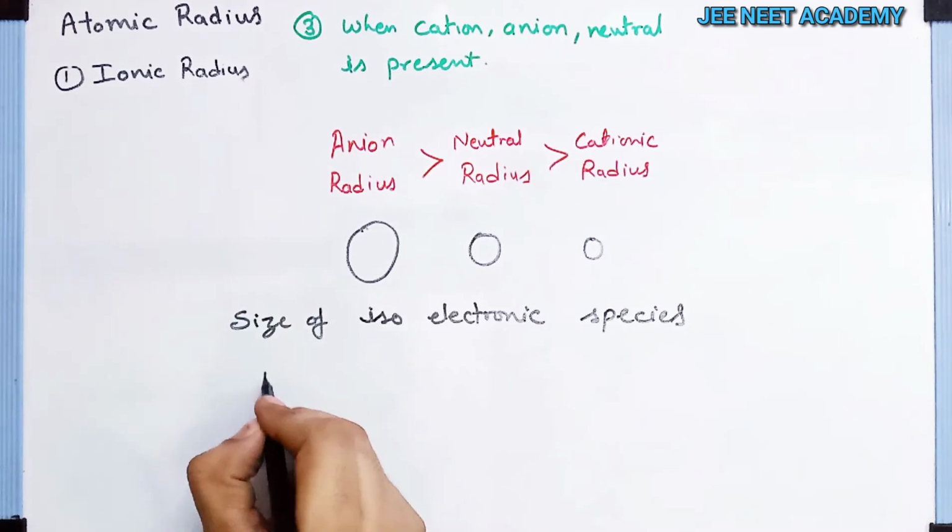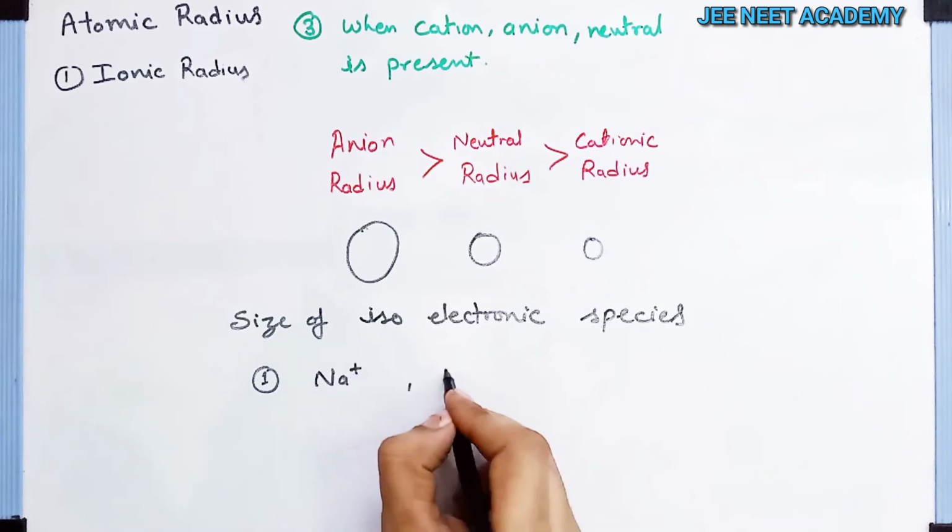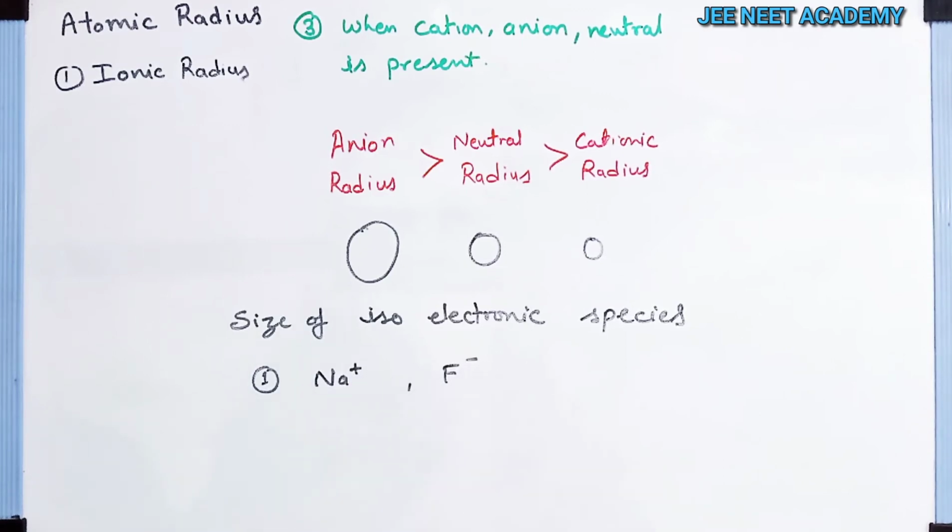For example, Na plus and F minus. Sodium usually has 11 electrons. If we form the sodium cation, it will lose one electron, and the total number of electrons in Na plus will be 10.